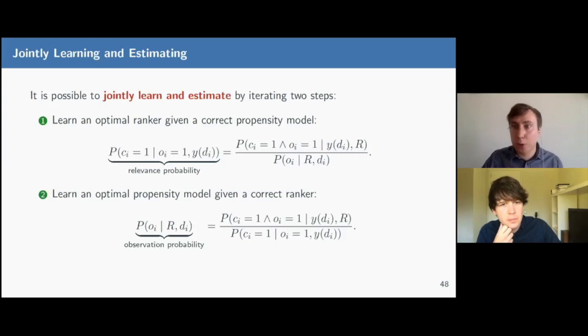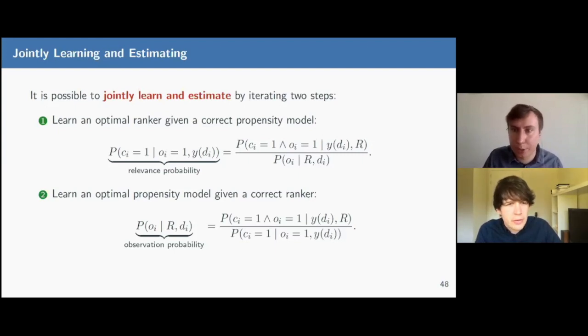And then because they're both getting better, eventually your observation probability model should be really good, so that it also gives you a very good ranking model and vice versa. But it's very easy, of course, for this to spin out of control because you might be optimizing under a wrong propensity model or a wrong ranker, and go the opposite way. So you likely have to make some additional assumptions.